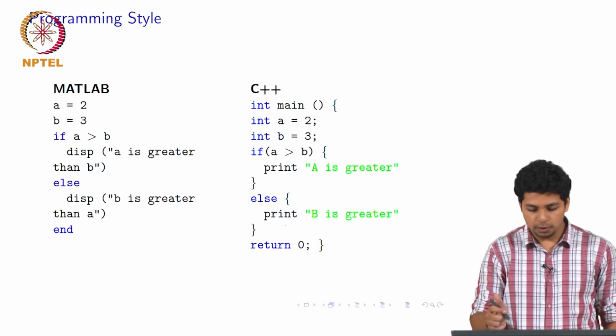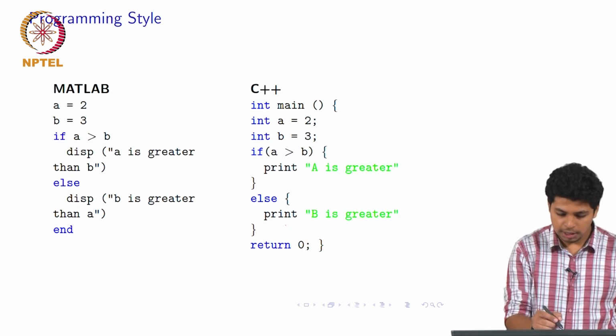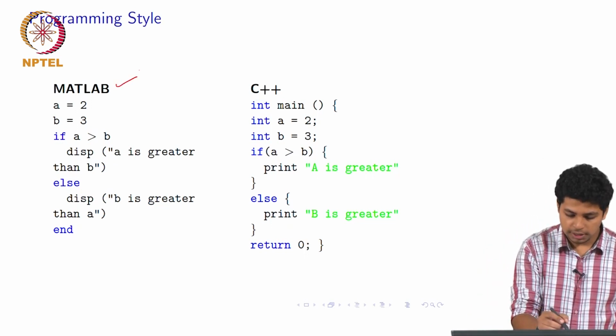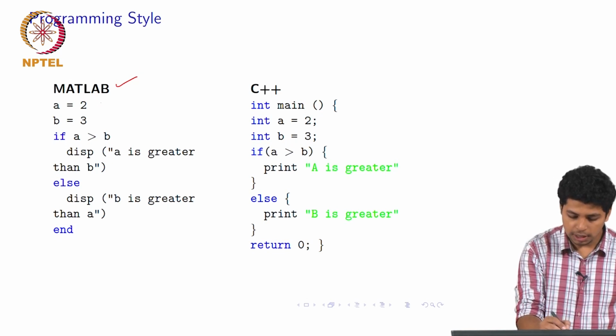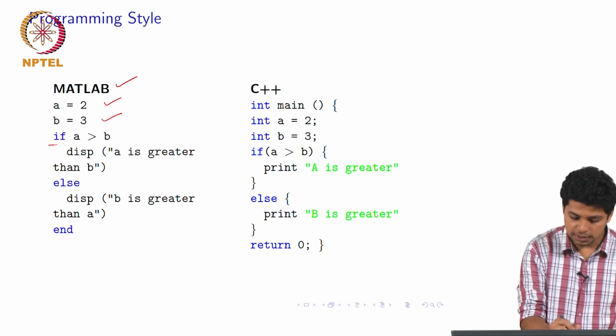Now, if you look at the code here in MATLAB, this is how I've put it. A is equal to 2 assigned, B is equal to 3 assigned. Then there is an if statement.